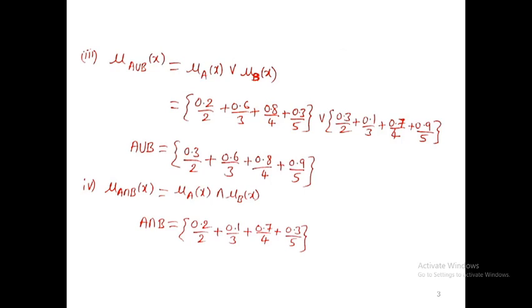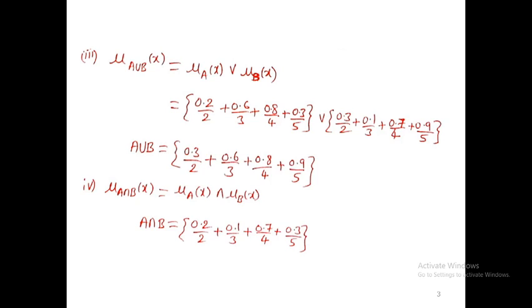Even with the Venn diagrams, if you see, the upper curve or upper line only comes into the picture when you are doing the union. When you are doing the intersection, the lower lines only come into the resultant intersection of A and B sets.